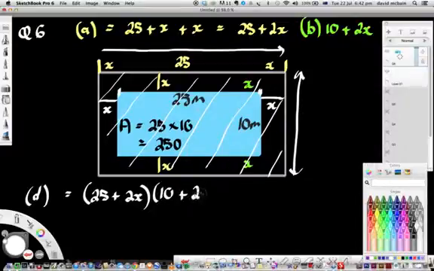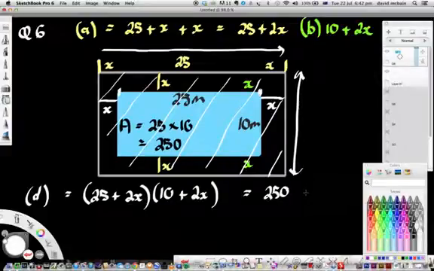Now, I'm not going to do the box method again, but if you do that, you find that the answer is, after collecting like terms, 250 plus 70x plus 4x squared.